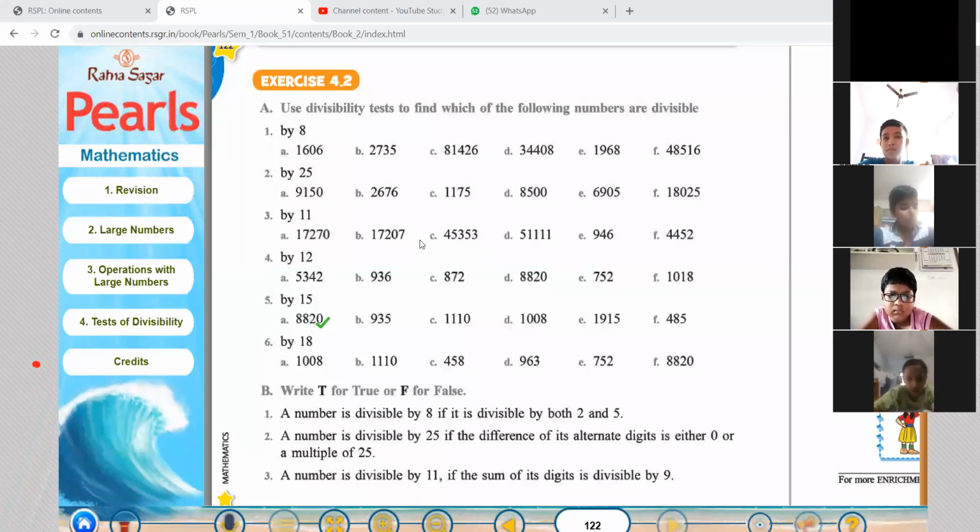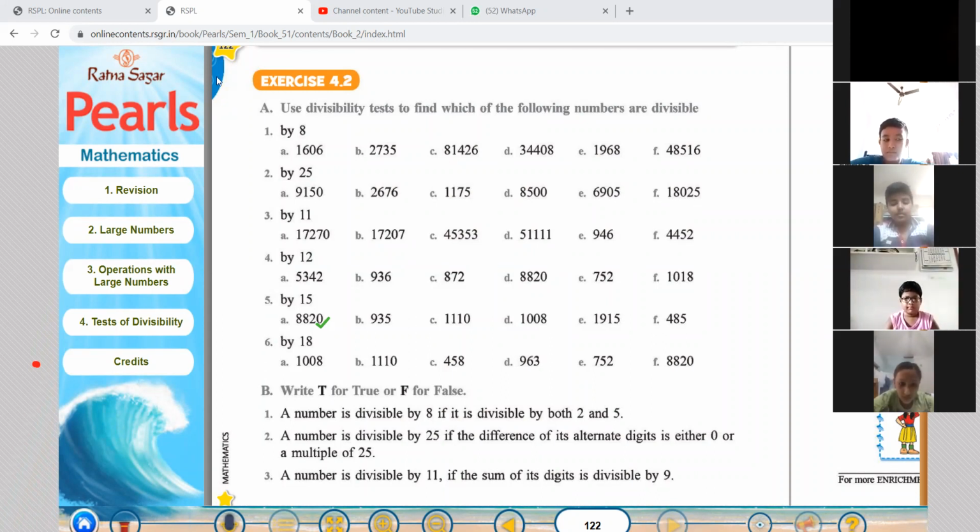For checking the divisibility by 3, we just have to find the sum of its digits. What's its sum? 8 plus 8 plus 2. How much is it? 18. Is 18 divisible by 3? Yes.